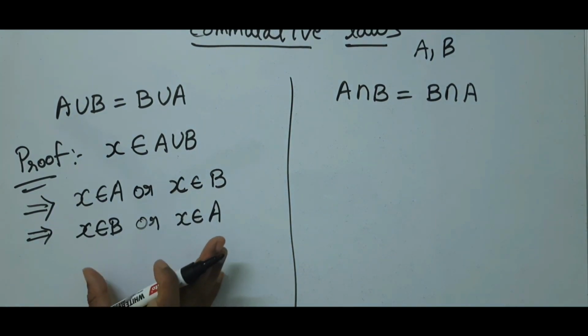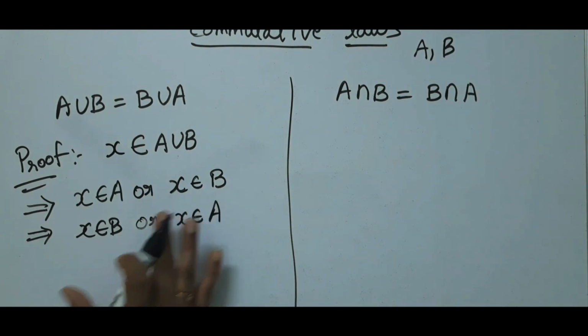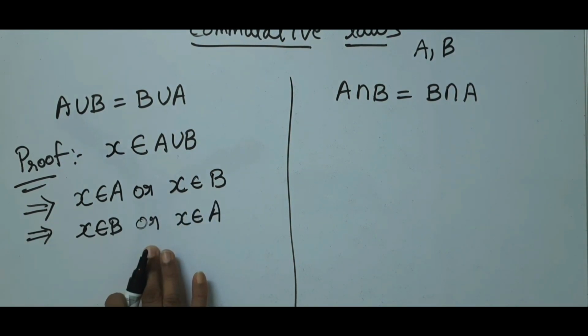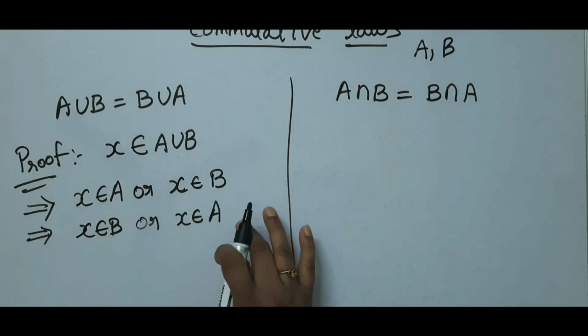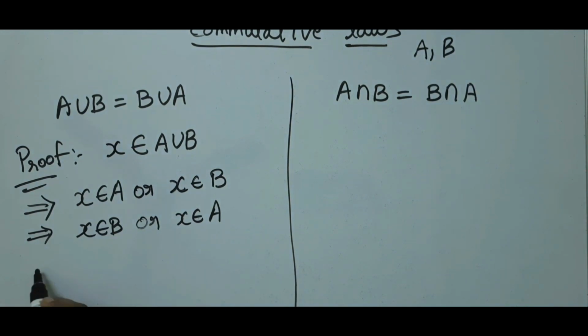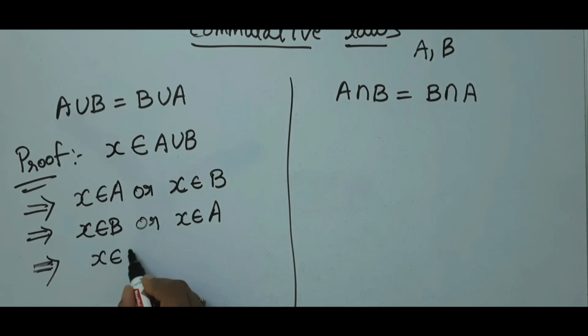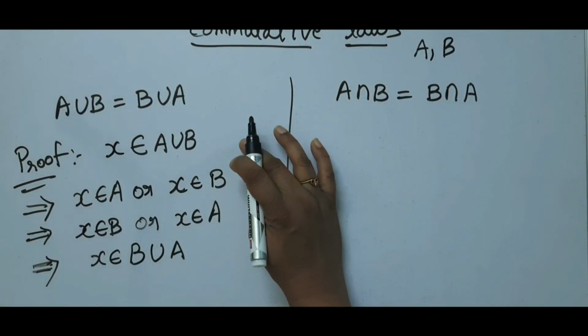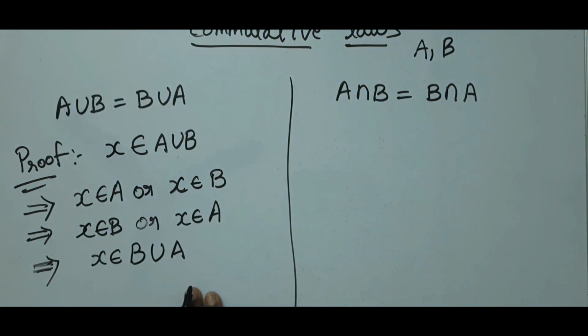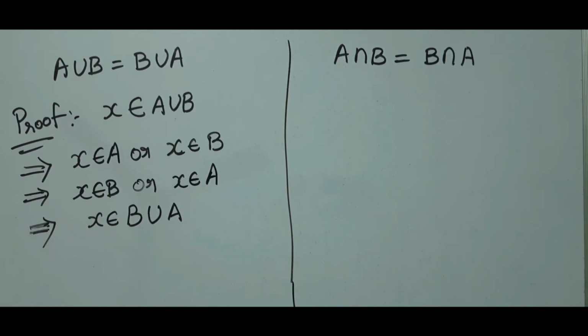Only thing is we have brought this X belongs to B here and kept the OR symbol as before, and we have written X belongs to A. As the meaning is the same, this can be written as X belongs to B union A. Is it not? So we have taken an element which belongs to A union B and we have proved that the same element belongs to B union A. So it is clear that the elements which are in A union B are in B union A.